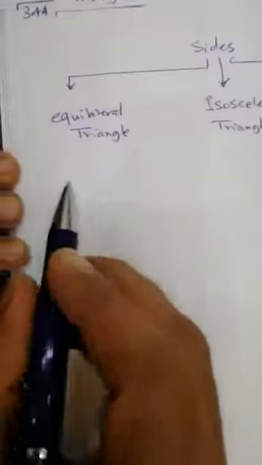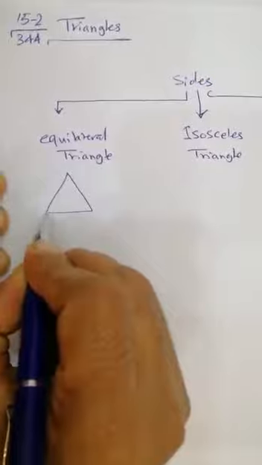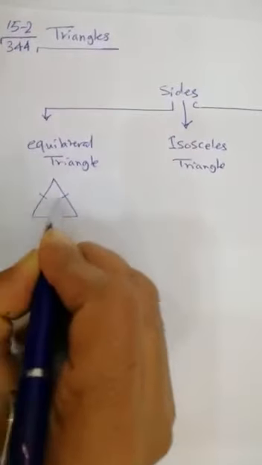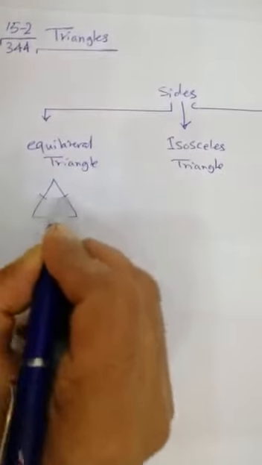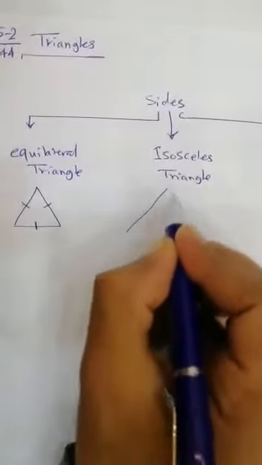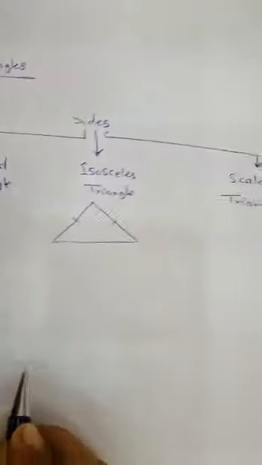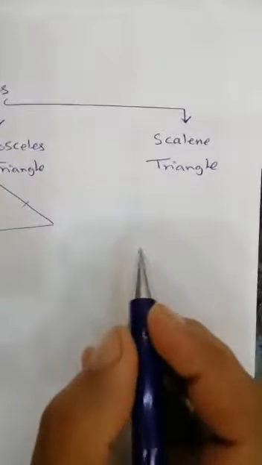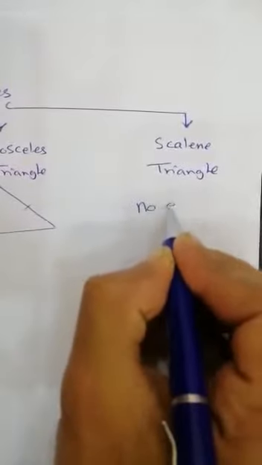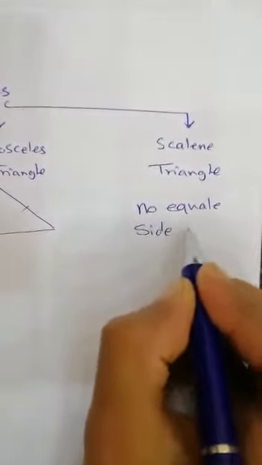Look guys, an equilateral triangle means all the sides have the same length. When we see this dash, that means they are the same length. In the isosceles we have just two sides the same length. In scalene, no equal side lengths, okay?